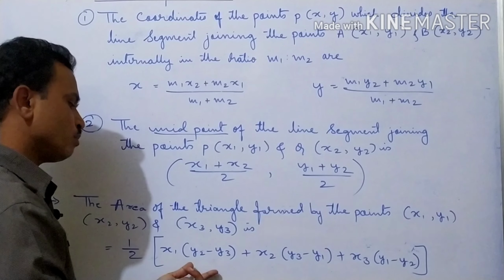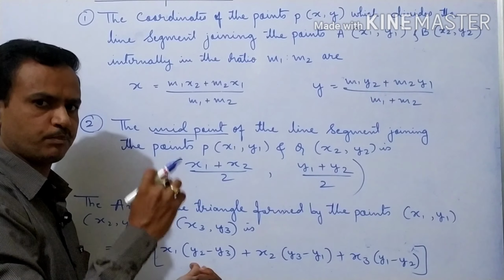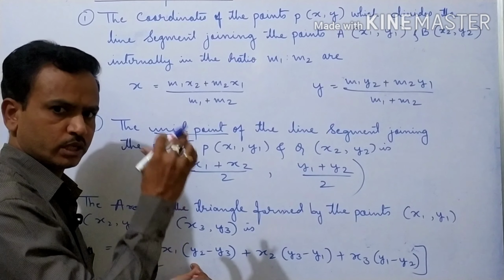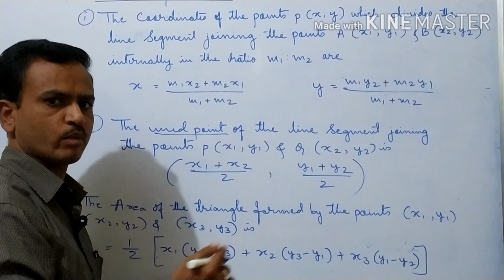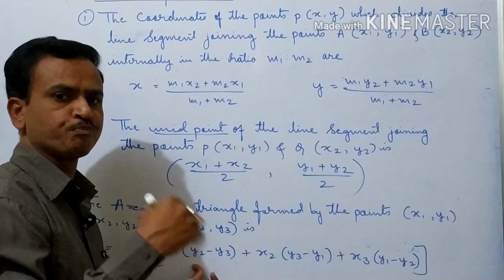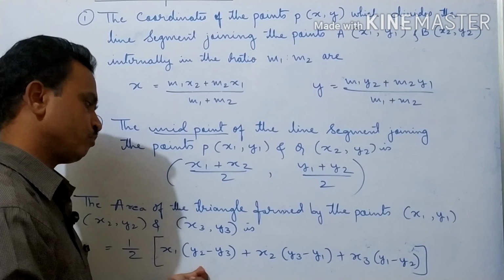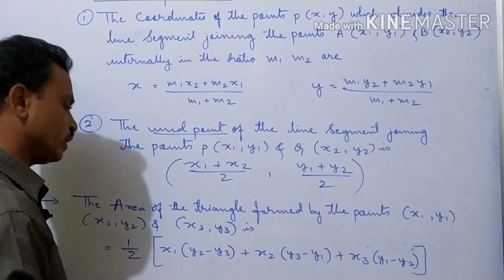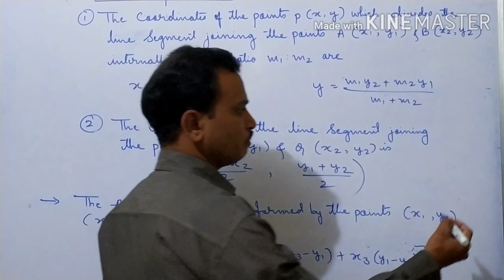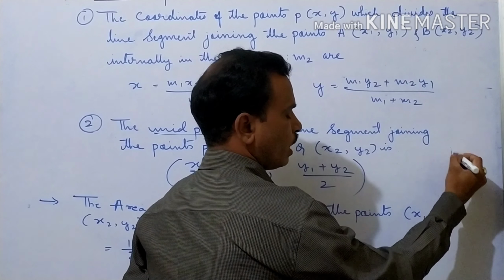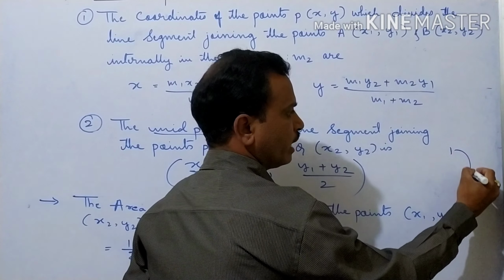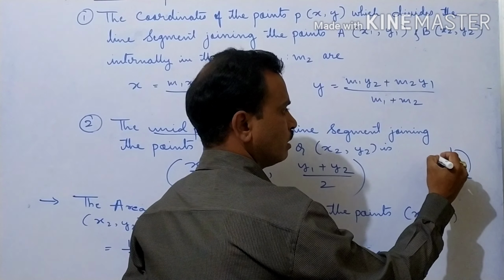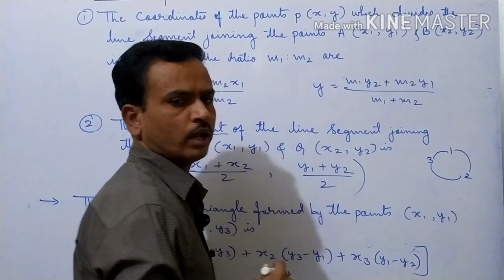How to remember this formula, I also explained in the coordinate geometry chapter, at the introduction time, how to remember all these points in an easy way. Once again I will show this. First you write 1 by 2. First you should write 1, after 1 you get 2, after 2 you get 3, then 3, next 1.